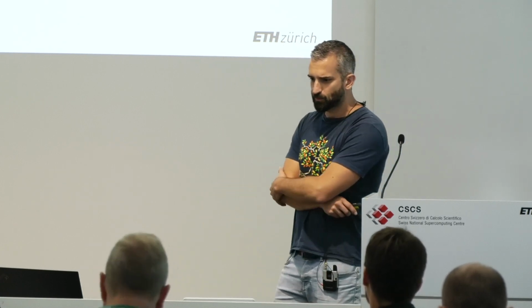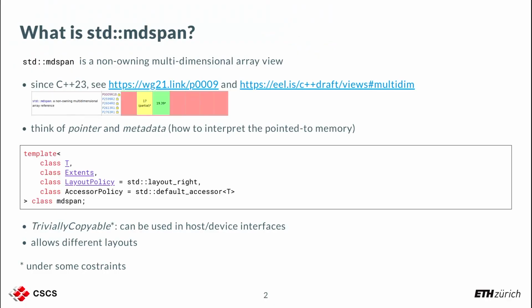So what is it exactly? Actually, do we have it yet? Maybe. This is a copy from cppreference. There's an overview of which pieces of the C++ standard are already implemented in different compilers, or in different standard libraries in this case, because it's a library.